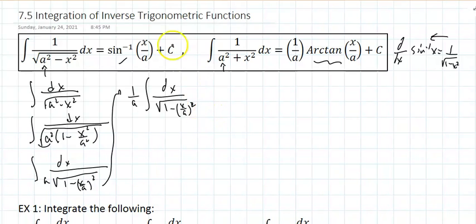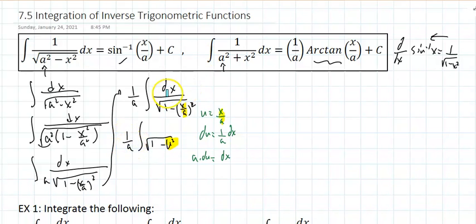Now if I let u equal x over a, du will be 1 over a dx. So dx is simply a times du. So my u is right there, and my dx is really an a times du.